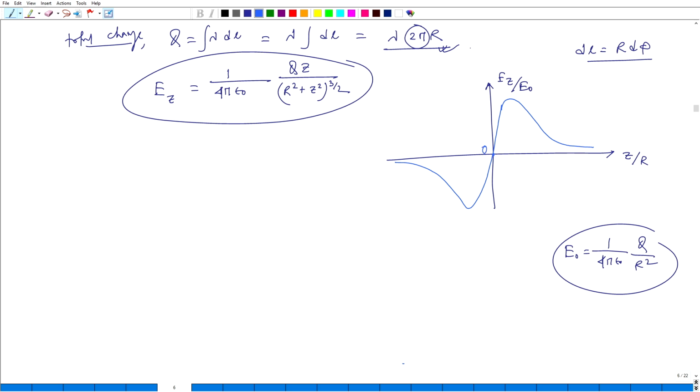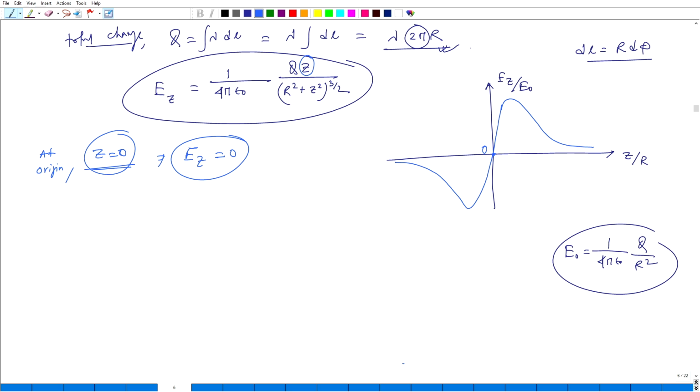And at the origin O, that means z equals 0, the electric field becomes 0. So if we check, we put z equals 0 exactly at the origin. At z equals 0, Ez becomes 0, because it is proportional to z, right, and that is expected from the previous result.